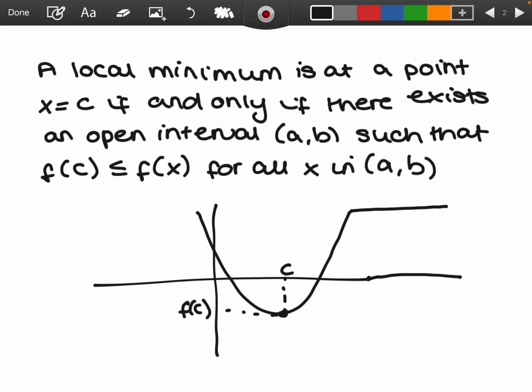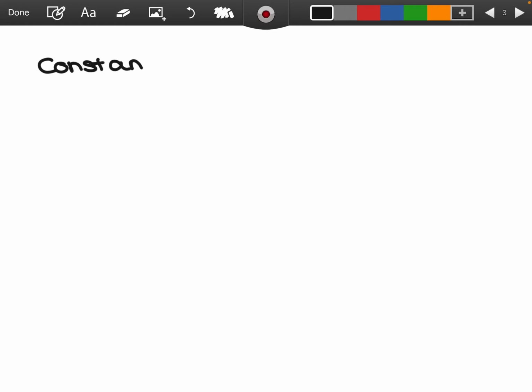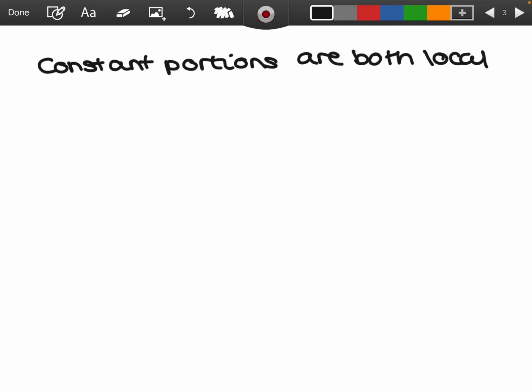So if you get this constant portion of a graph, it means that for all x values in the open interval between this point and this point, you would have a local maximum and a local minimum for a constant portion of the graph. Whenever you do this, do not include endpoints. So we'll write this all down. Constant portions are both maximums and minimums.